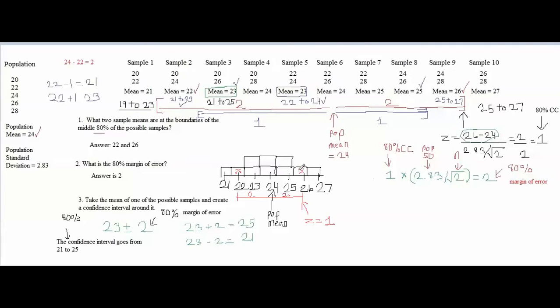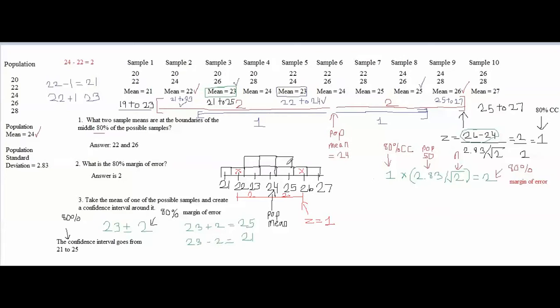All that means is that this box has a z-score of 1, because sample 9 has a z-score of 1. We calculated that. And we know that this is our 80% confidence coefficient at the upper boundary of the middle 80%. This is just a way to look at it visually.